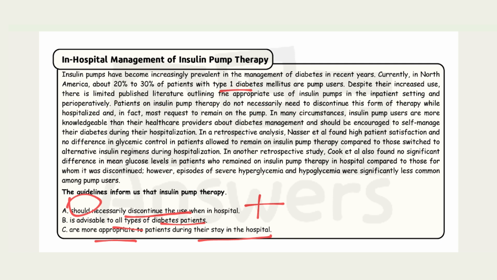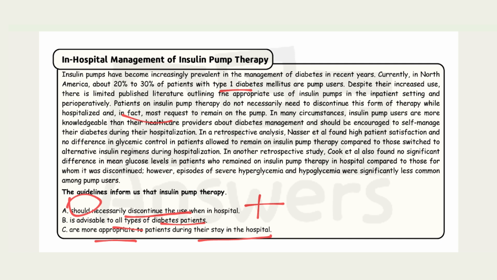Then coming to the remaining part. So in fact, most require to remain on the pump. In many circumstances, insulin pump users are more knowledgeable than their healthcare providers about diabetes management. So in many situations, the persons using the insulin pump are more knowledgeable than their healthcare providers.